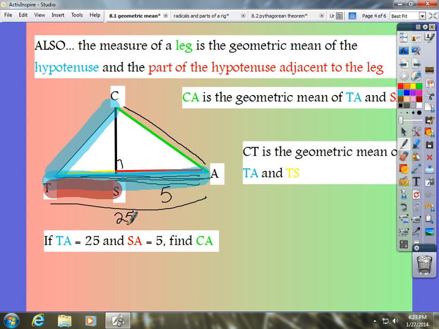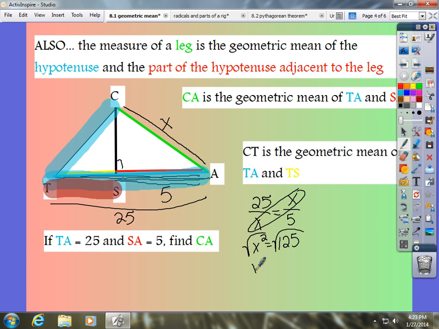All right, so I'm going to put my geometric mean to use. 25 over x is going to equal x over 5. This is x squared equals 125. I'm going to square root it. x equals, let's see if I can break this down a little.